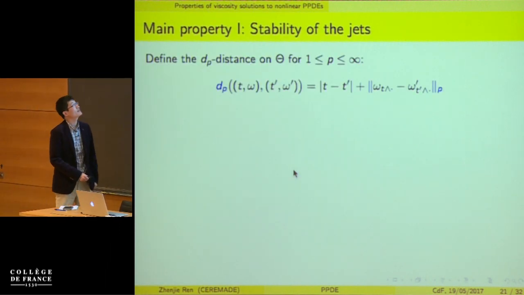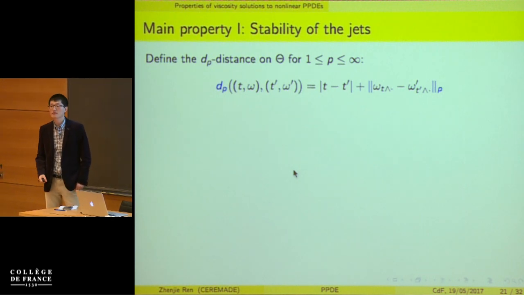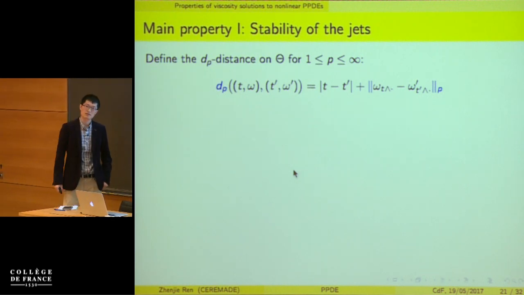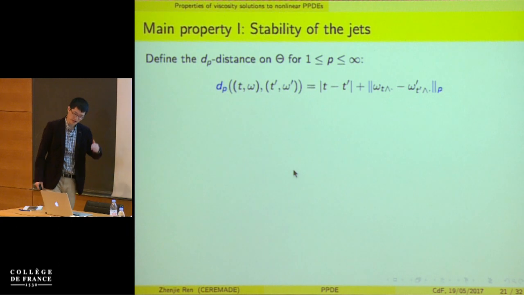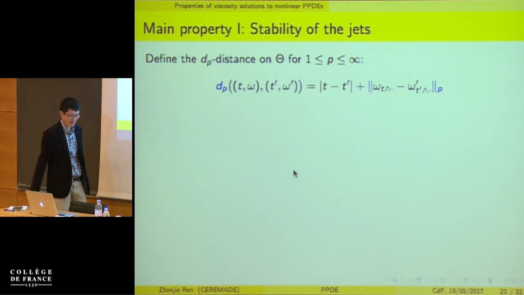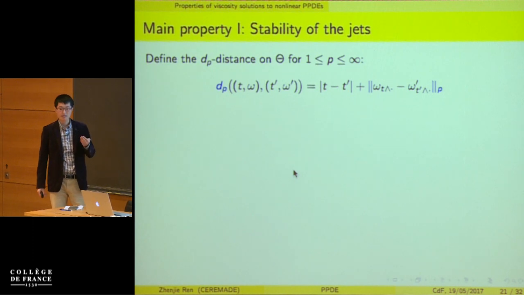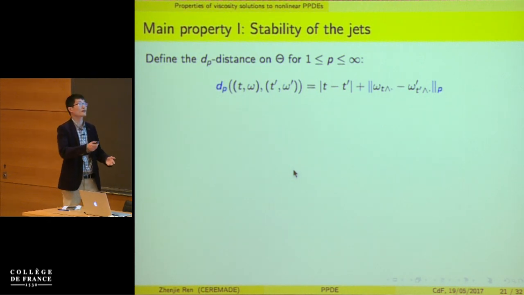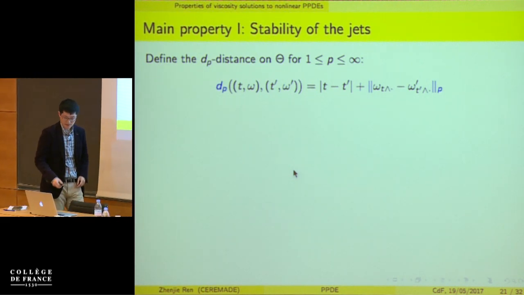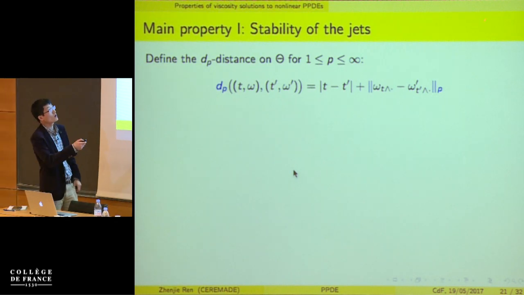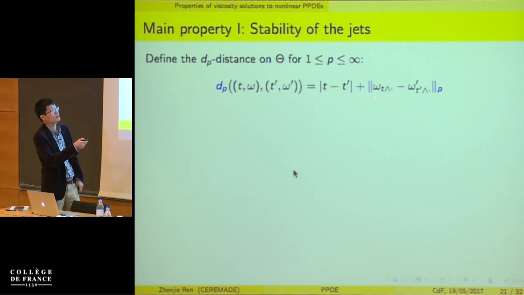Till now, I haven't mentioned what kind of distance I will use in the product space, because till now it's not important, but from here I will emphasize it. So we will introduce the distance dp defined on this product space theta, where the P comes from the LP norm on the path space.